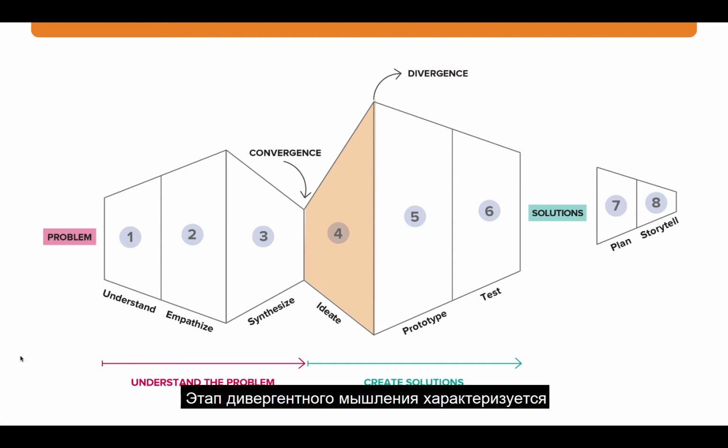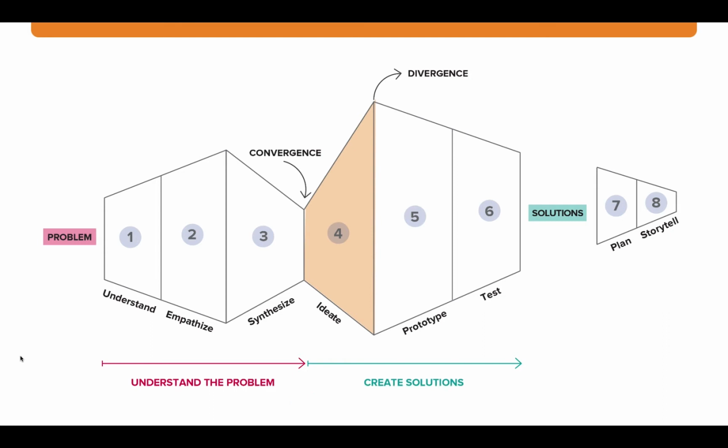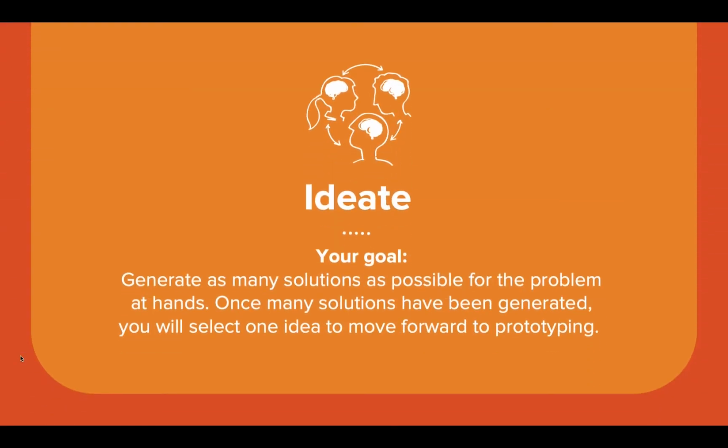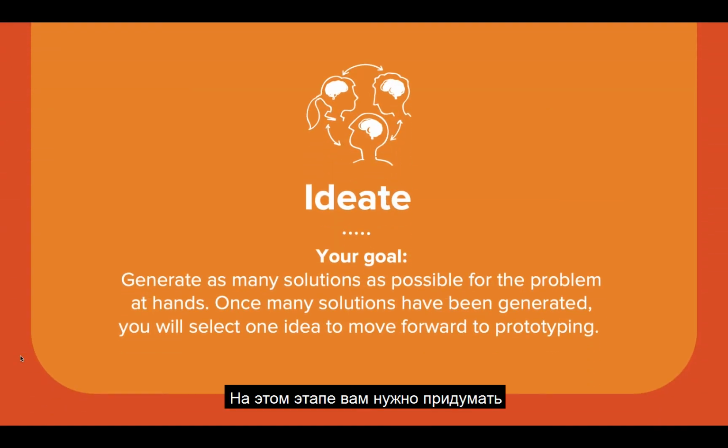This divergent phase is a time for disruptive and lateral thinking, where the quantity of ideas is more important than the quality. So in this stage, your goal is to generate as many solutions as possible for the problem at hand. Once many solutions have been generated, you as a team will select one idea to move forward for prototyping.